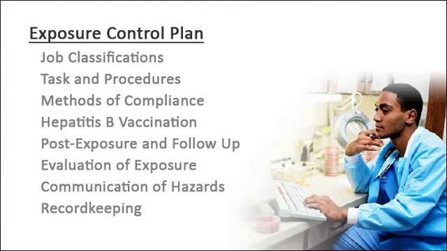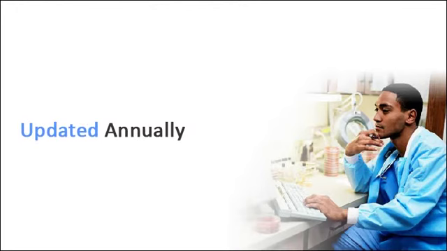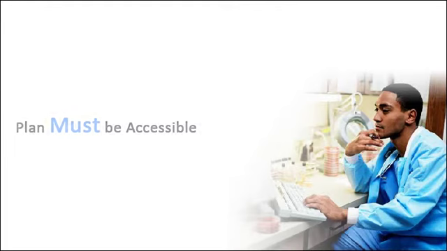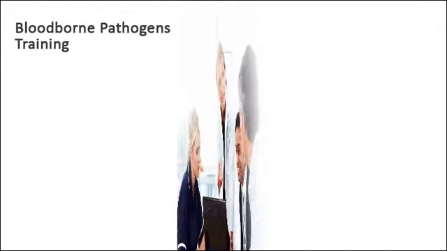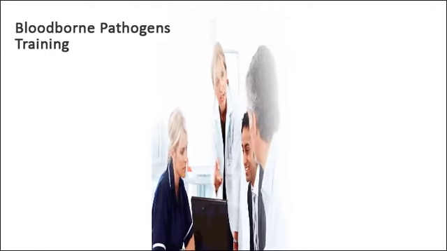Furthermore, the plan must be reviewed and updated annually or whenever changes in tasks, procedures, or employee positions affect occupational exposure. Also, the plan must be accessible to you. OSHA also requires that you must be trained concerning bloodborne pathogens, including details of the exposure control plan.